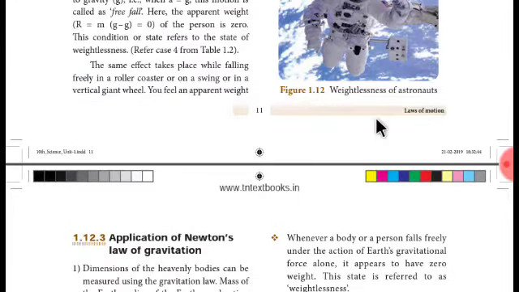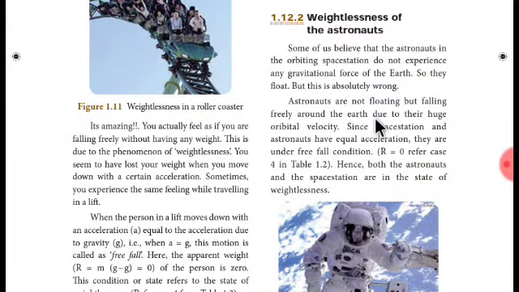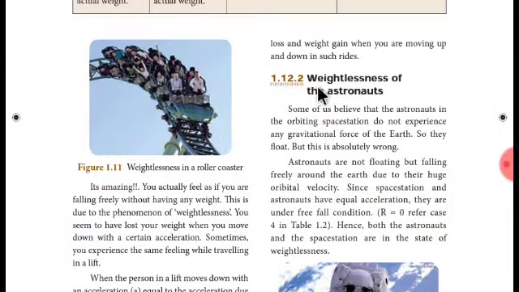And if you can't understand better, or if you think that you need more understanding, then don't overdo things. You need to mug up this definition alone. If you just mug up this definition, that's enough for your examination.